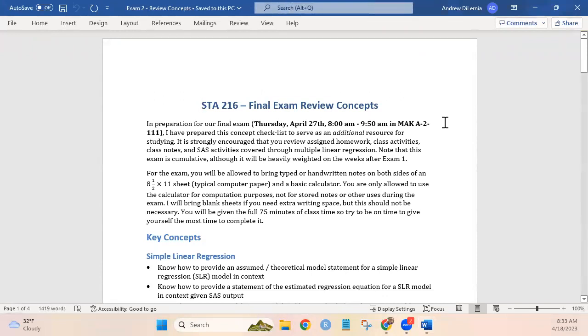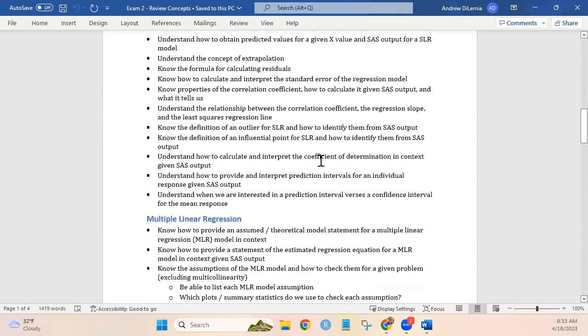Those are probably most relevant, and then in-class activities and SAS activities as well. And then the weekly readings. I listed the concepts here to serve as a checklist to help you with studying.